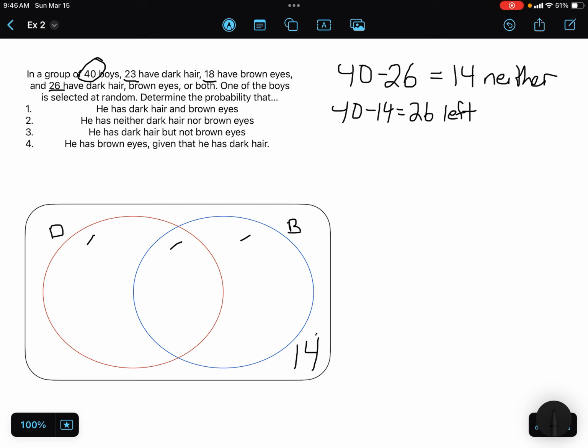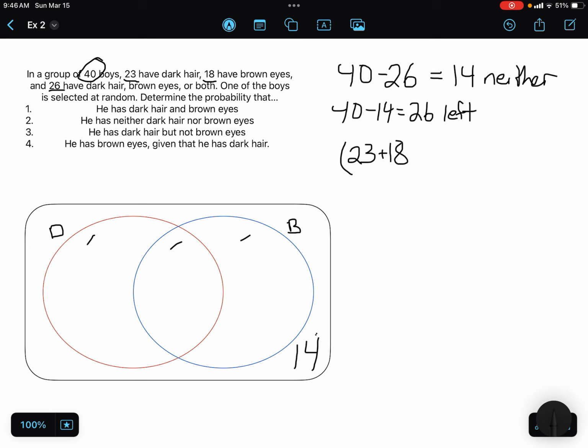Now, we're going to, again, work from the position of establishing the neithers and the boths first. We've already done the neithers. Let's find the boths. So we're going to find this overlap spot. What we're going to do here is take our 23 plus our 18.